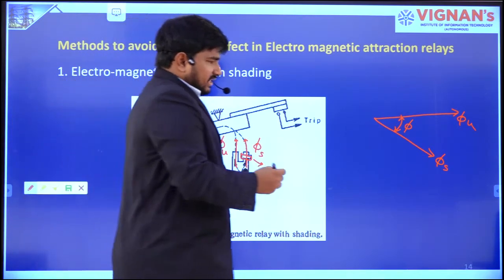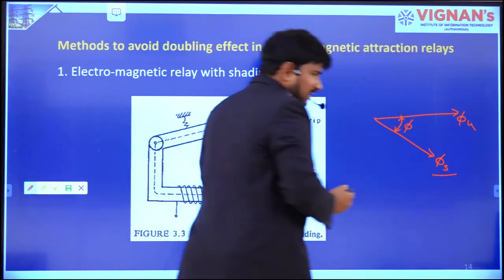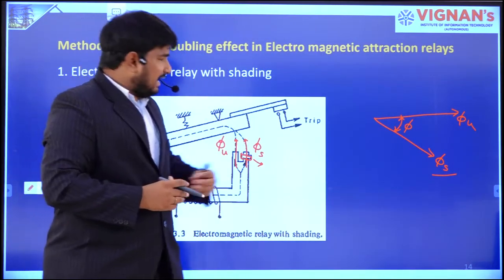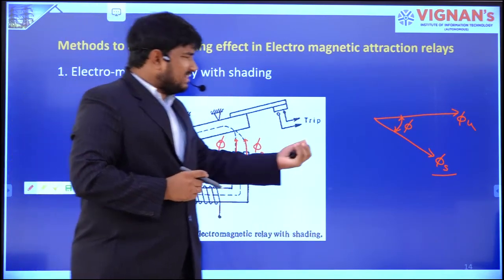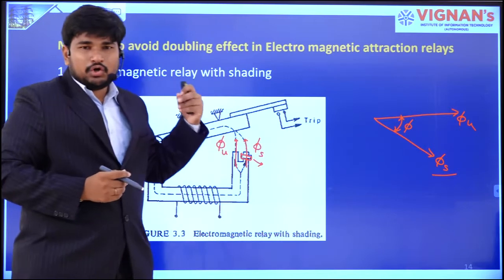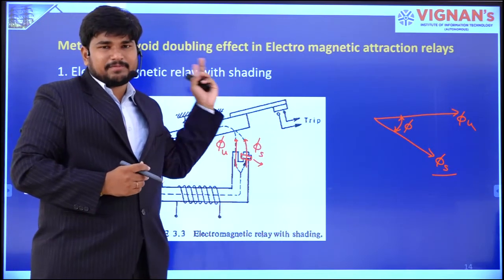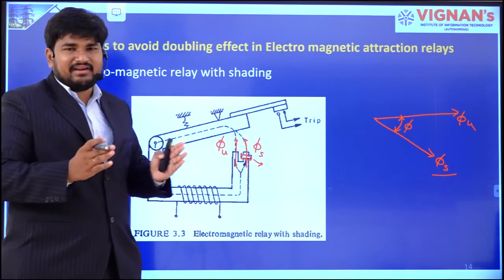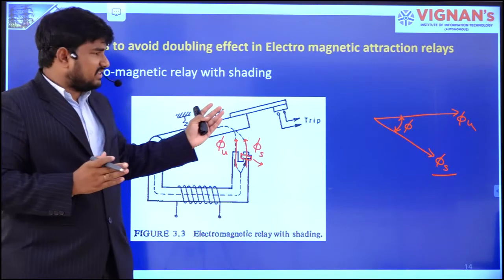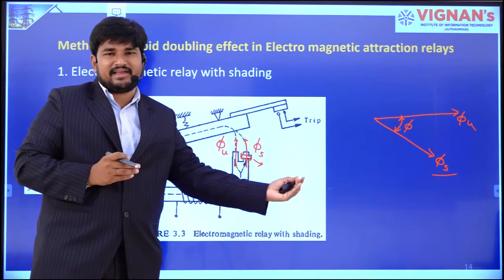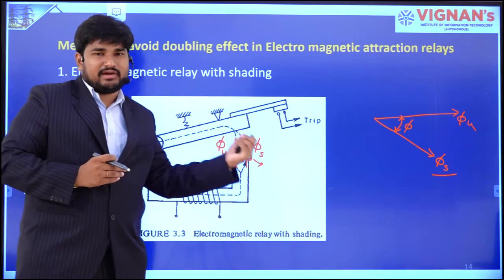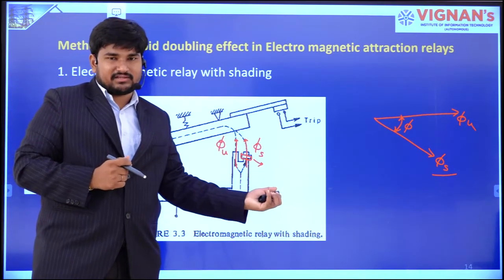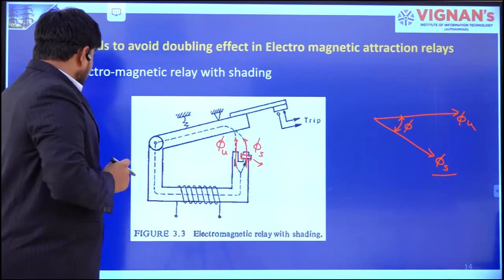That's why the shaded flux Fs will slightly lag behind the unshaded portion flux. In this way, we have attained two fluxes with a time delay, so that the resultant force developed by these two fluxes is a continuous one, which avoids the doubling effect. So this is one case.